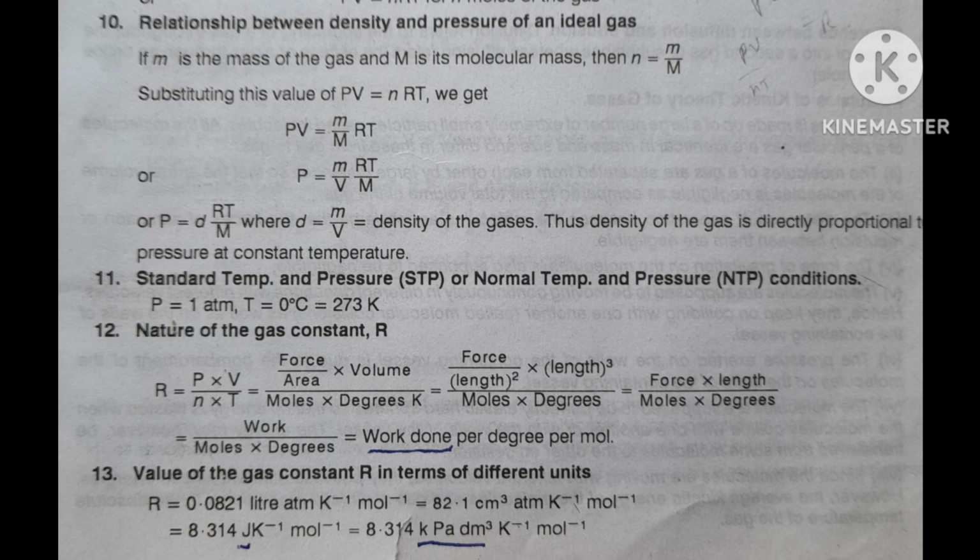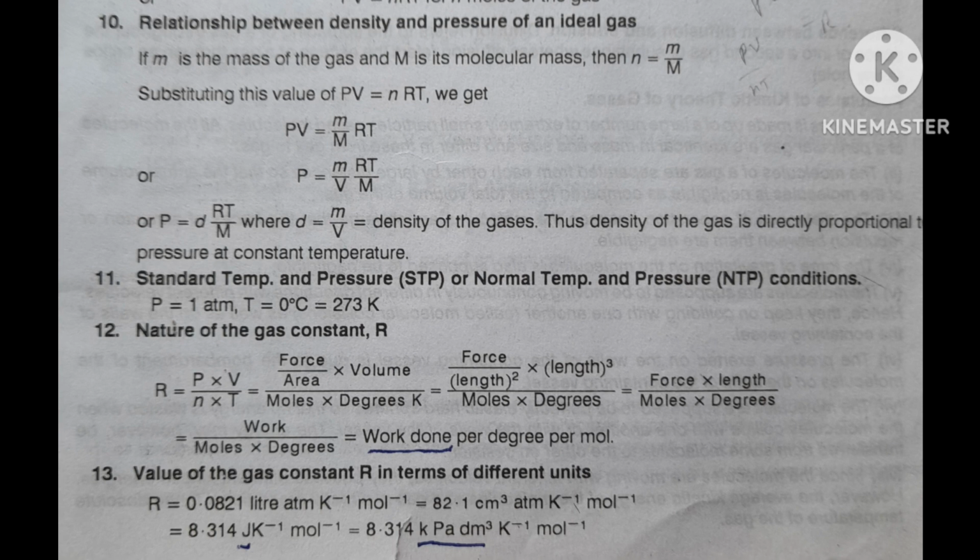And how will you write the dimension of volume? L into L into L means L power 3, length cubed, correct? The dimensions of pressure and volume are divided by moles into degrees Kelvin, and the moles and temperature you write as they are.